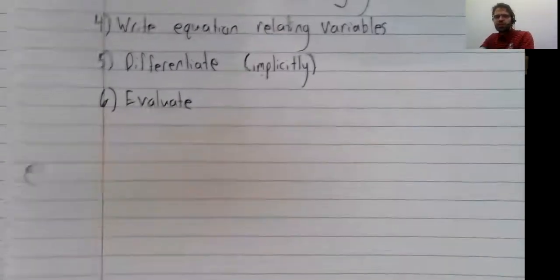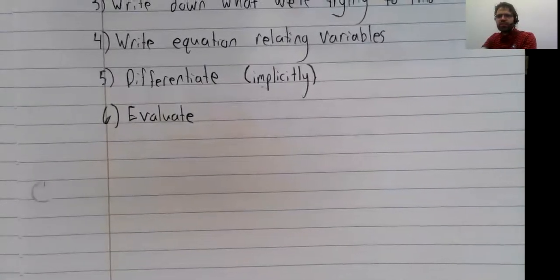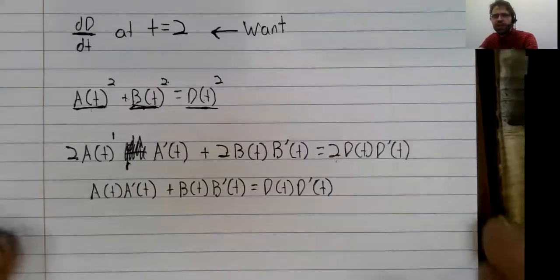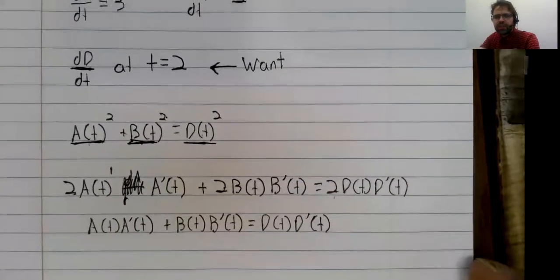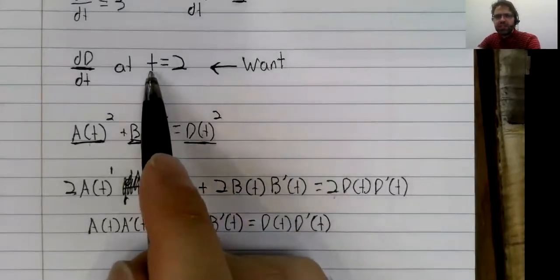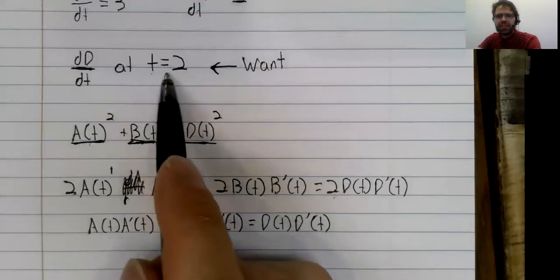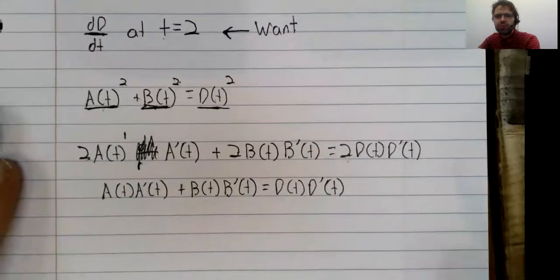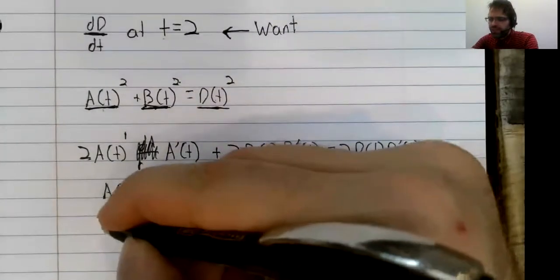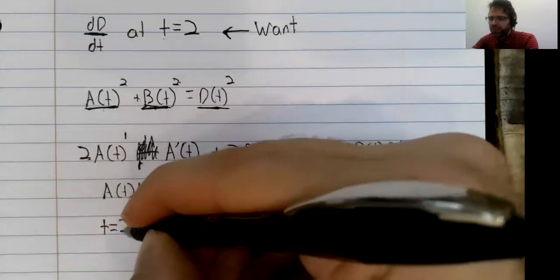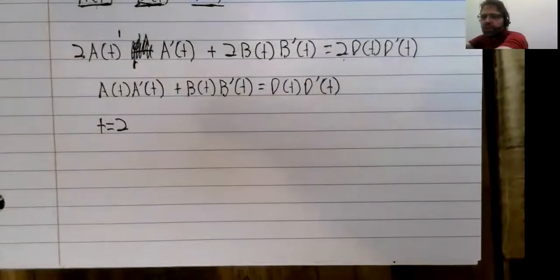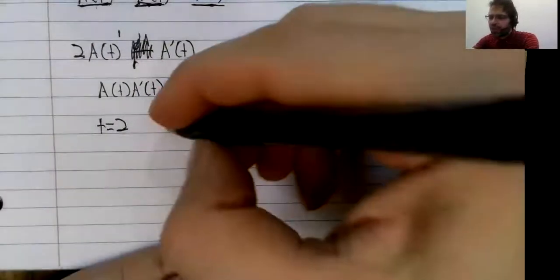We should be at our last step, which is to evaluate. And what I mean by that is that we're interested in some specific value of t here. T equals 2. So we'll let t equal 2 and see what happens.